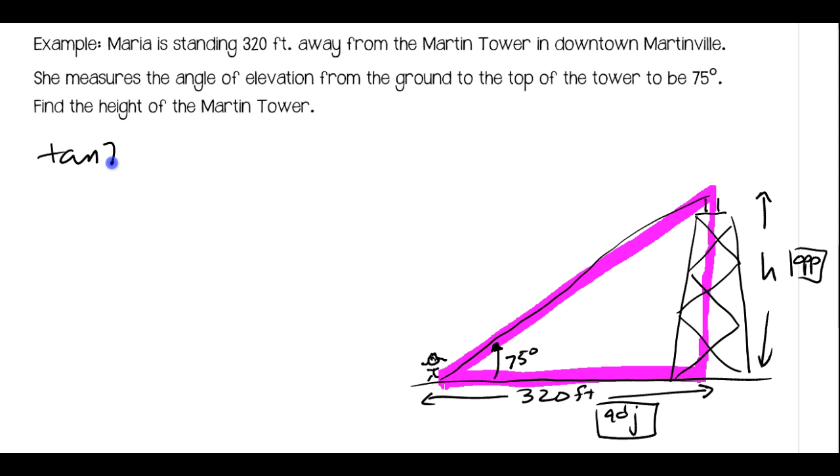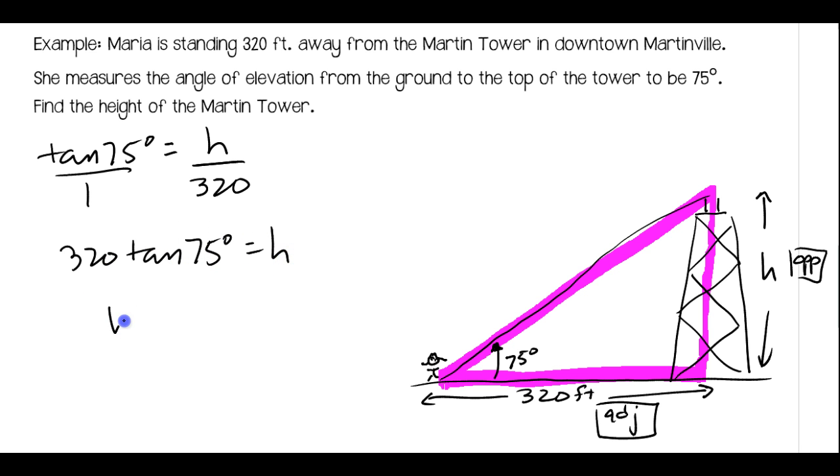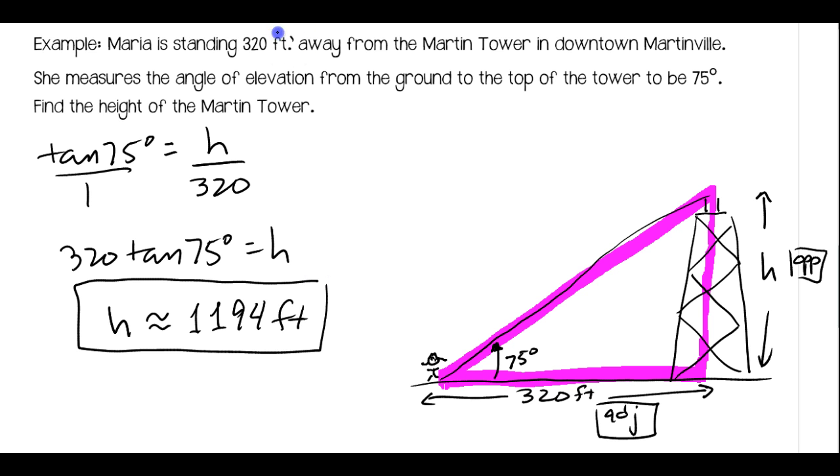So the tangent of 75 degrees is equal to the opposite, which is h, over the adjacent, which is 320. I'm going to put that over 1. I'm going to cross multiply. So I get 320 times the tangent of 75 is equal to h, which means that the height of the building is approximately 1,194 feet. Keep in mind that if there are units given in the problem, which there are feet here, make sure that you include them in your answer as well so that you get full credit.